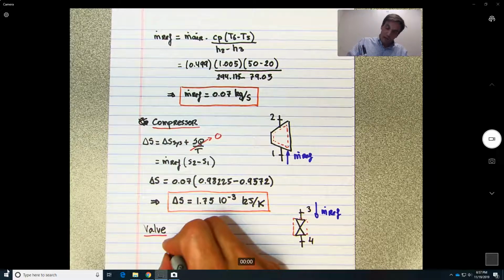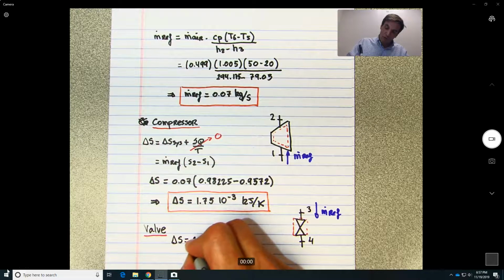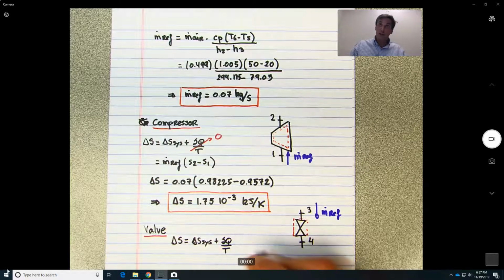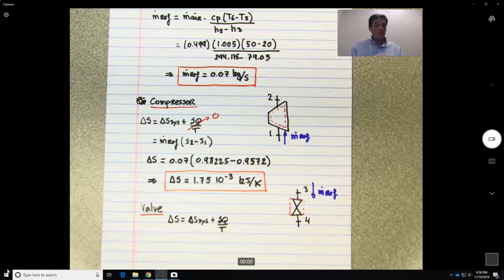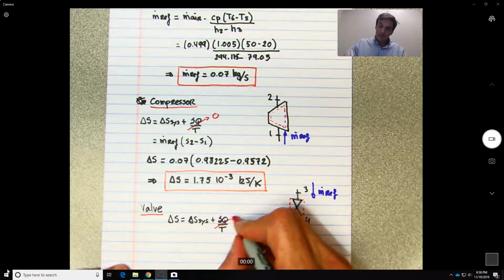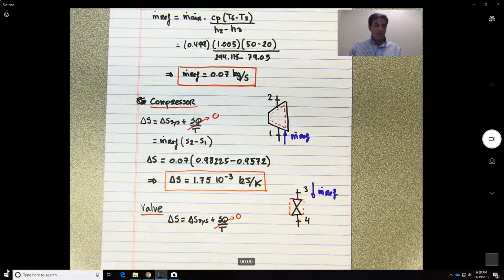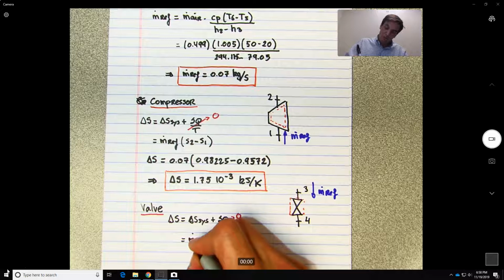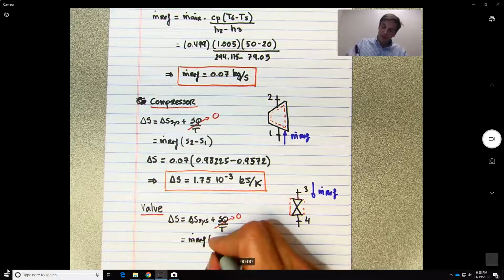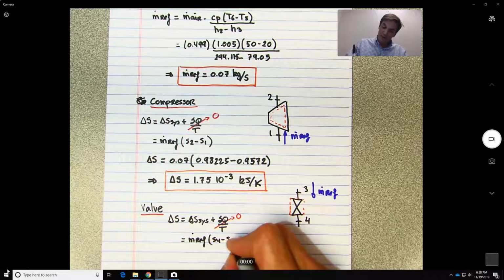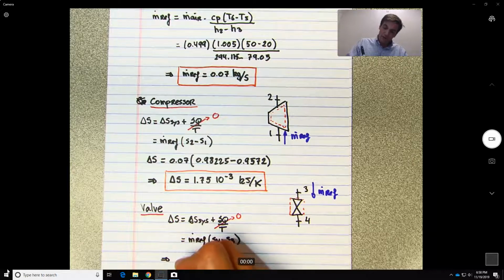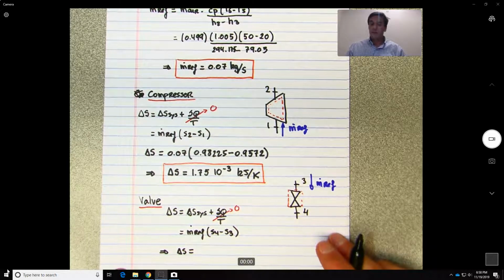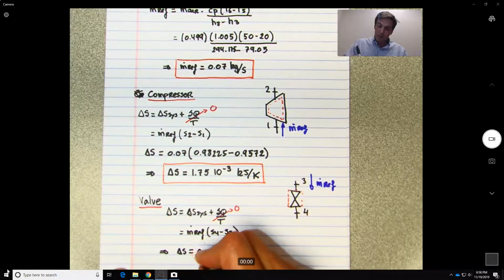So the total change of entropy is equal to the change of entropy of the system plus the change of entropy with the surrounding. Since there is no heat transfer, this is 0, and this becomes m dot refrigerant times S4 minus S3, which should give you that the change of entropy in the valve is equal to what?